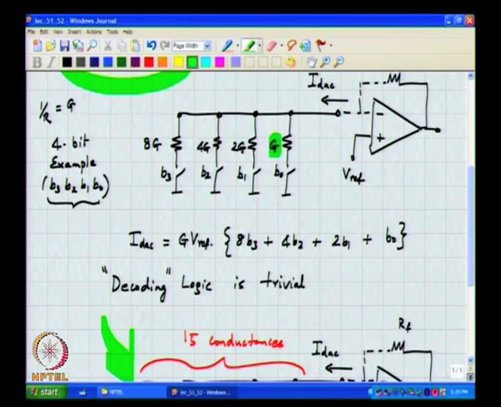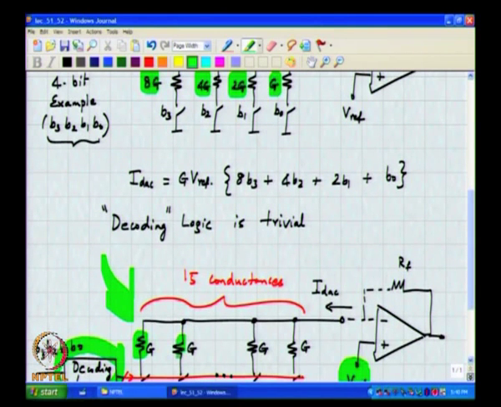Okay. So if this was exactly twice G, and if this was exactly 4 times G, and if this was exactly 8 times G, and all these nominally identical elements were indeed exactly identical, then there is no difference between the two output currents, except that the decoding complexity of one is much larger than the decoding complexity of the other.